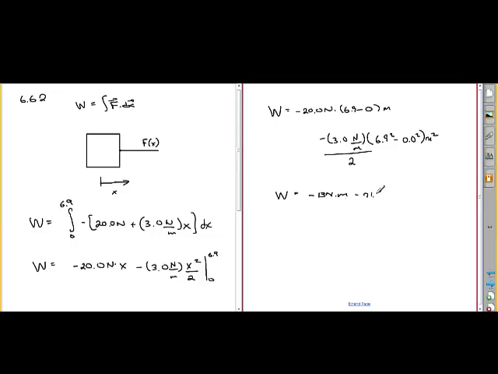So we get negative 71.4 newton meters. Oh, that's 138.